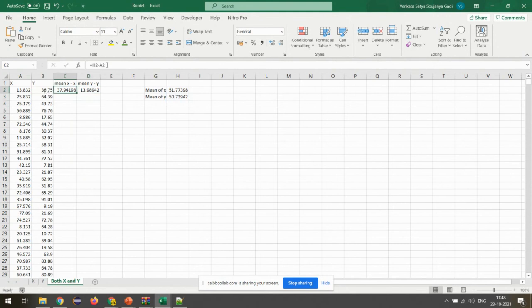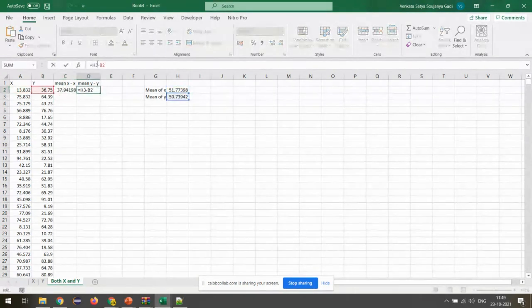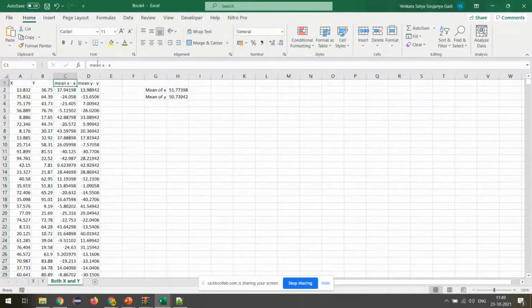We don't want these terms to move. One of the ways is to press F4, it will automatically anchor it for us. We did a wrong anchoring because I want to anchor it to the other one, the H. So here, and I'll anchor here. Okay. And then I'll copy for the whole set.